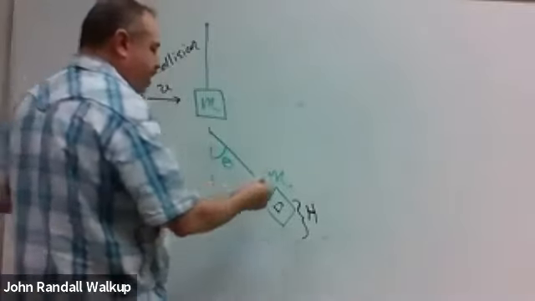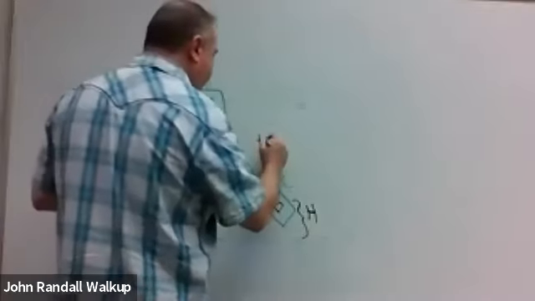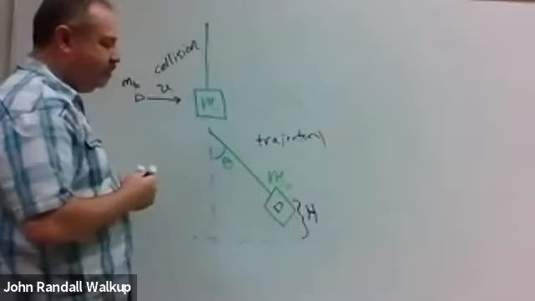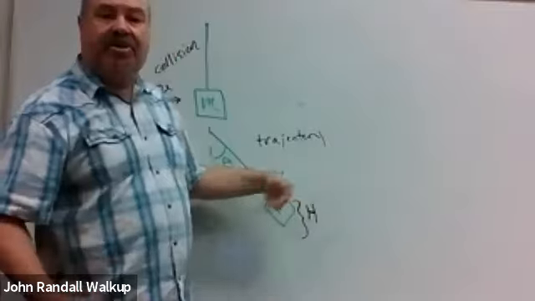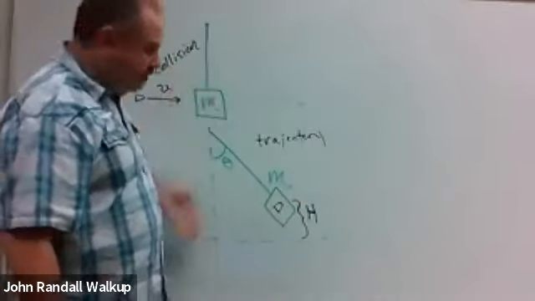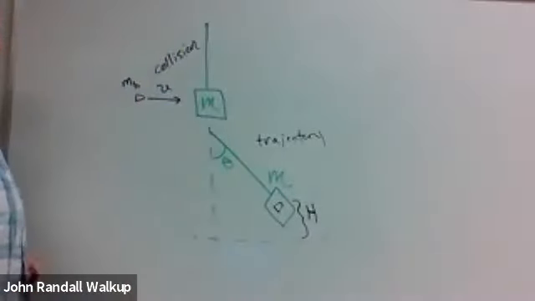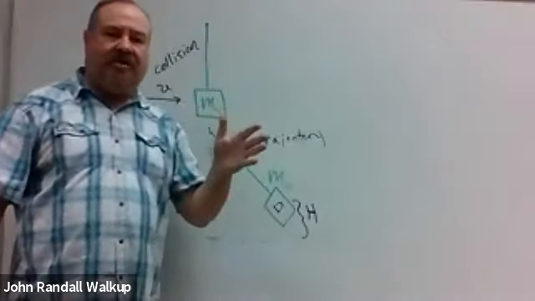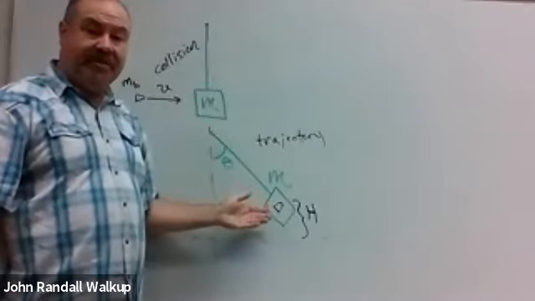Phase two is, we might call this trajectory. The block and bullet rise up to some maximum height. So thump, phase one, and phase two. And we now have to ask ourselves, what's conserved in phase one? What's conserved in phase two?